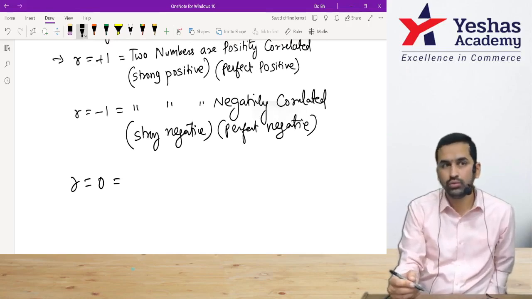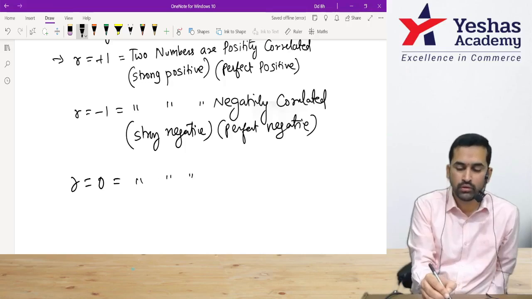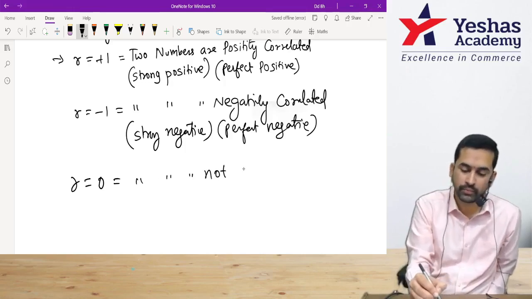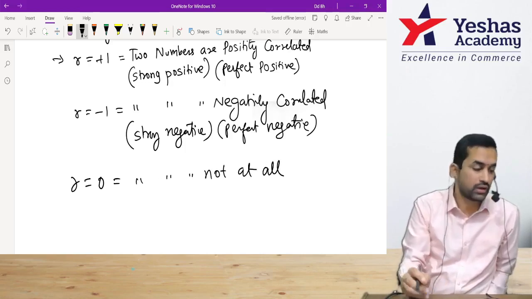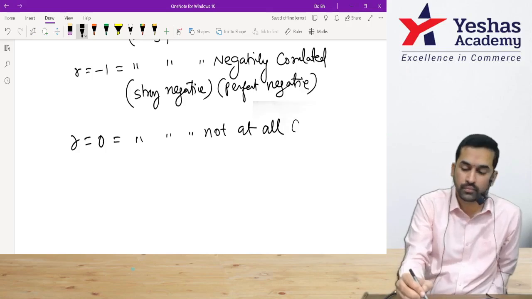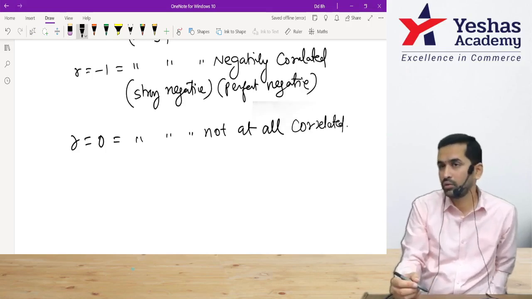Third, R is equal to 0. Two numbers are not at all correlated.